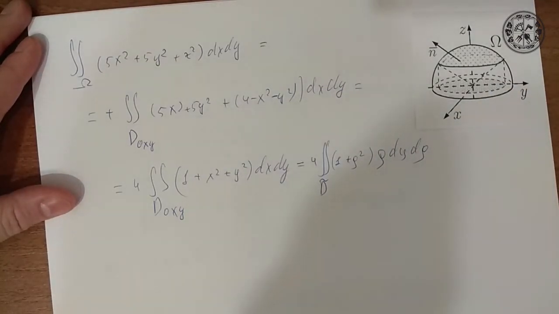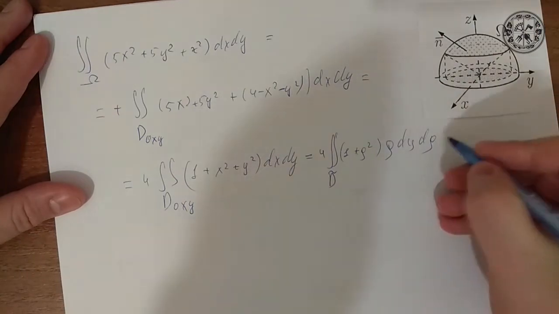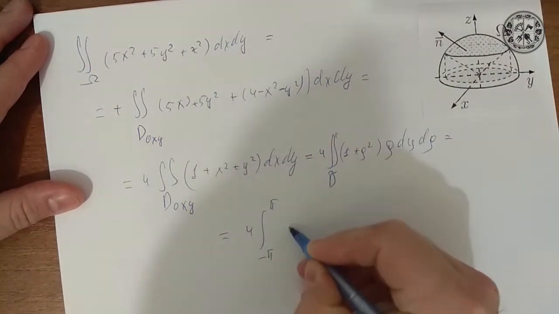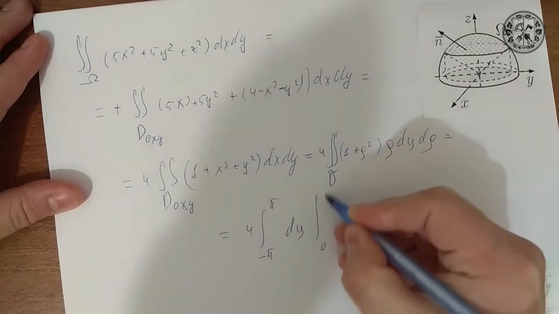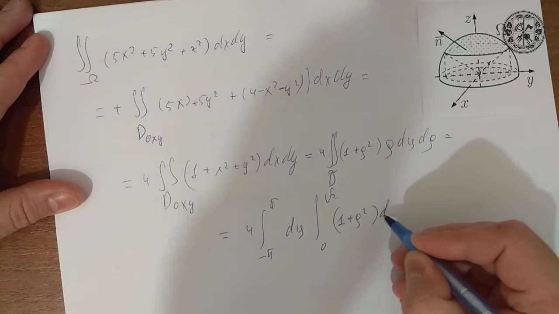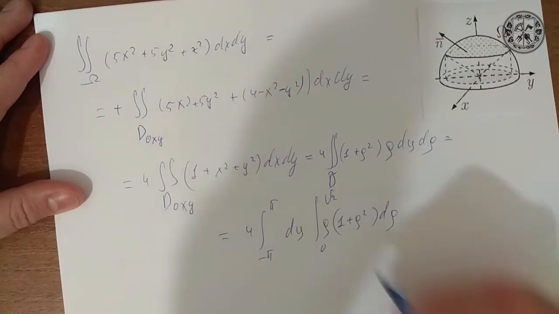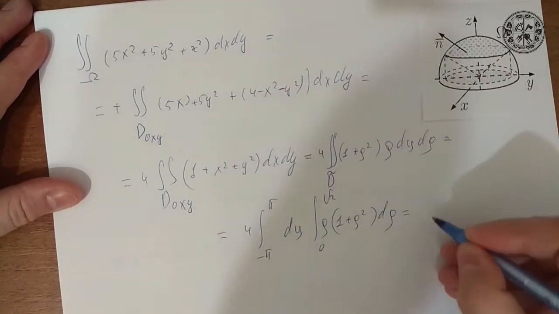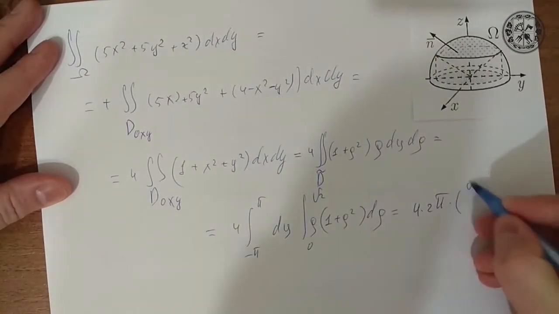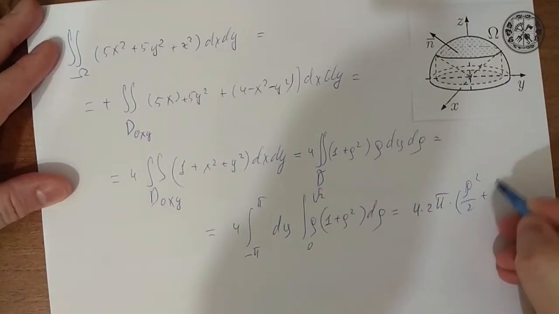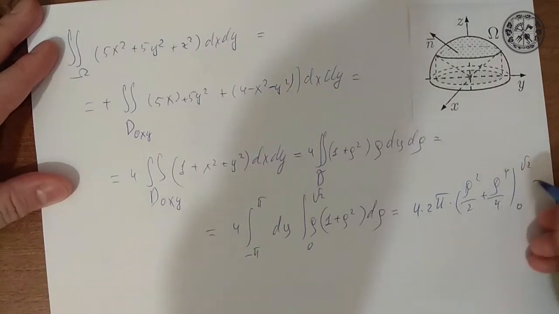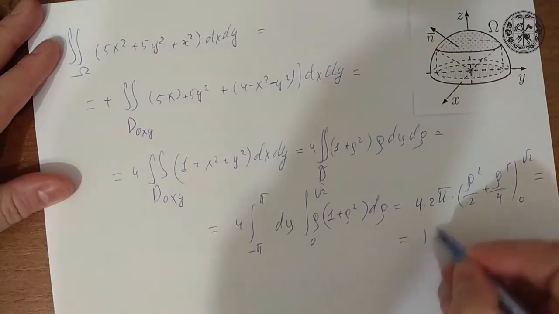Now when we calculate this, we get 4 times the integral from minus pi to pi d phi, integral from 0 to square root of 2 of 1 plus rho squared, times rho d rho, which will give us 4 times 2 pi times rho squared over 2 plus rho to the power 4 over 4, from 0 to square root of 2, and in the end we get 16 pi.